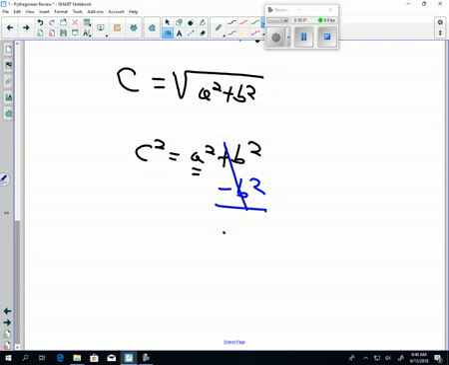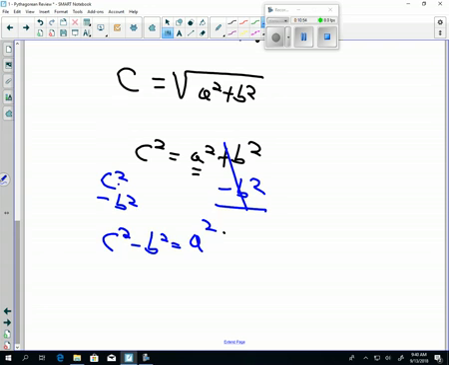So if I do it over here, I have to do the same thing over here. Whatever I do to one side, I have to do to the other. So now I'm left with just a squared. So that means c squared minus b squared is equal to a squared.